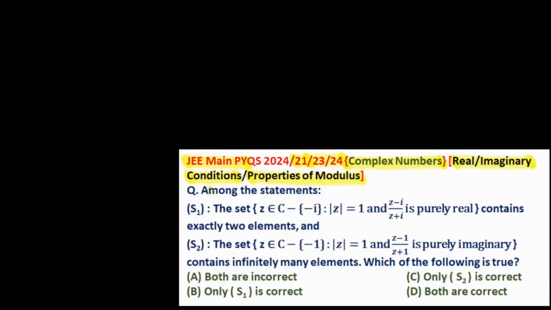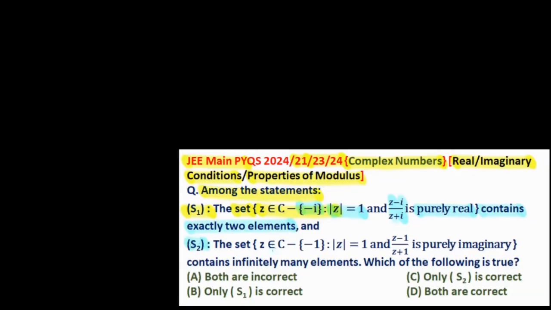The question goes like this: among the following statements, S1 and S2, S1 is the set of complex numbers where negative iota is excluded and mod z is 1, and this complex fraction is purely real, and this set contains exactly two elements.